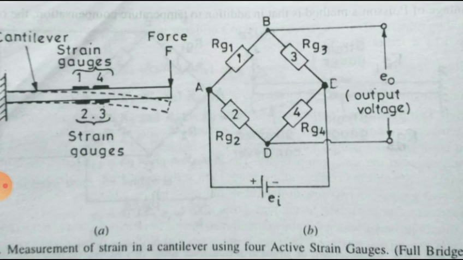It is observed that the output voltage when using 4 active strain gauges is 4 times that of using one active strain gauge. That voltage is calibrated in terms of the strain.